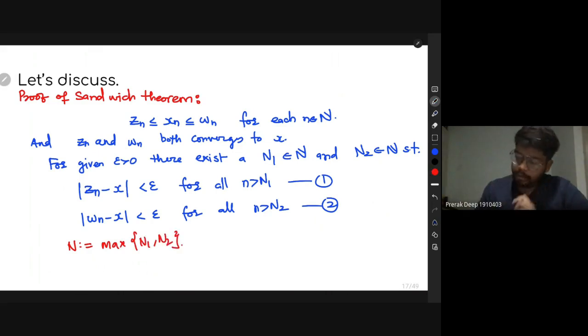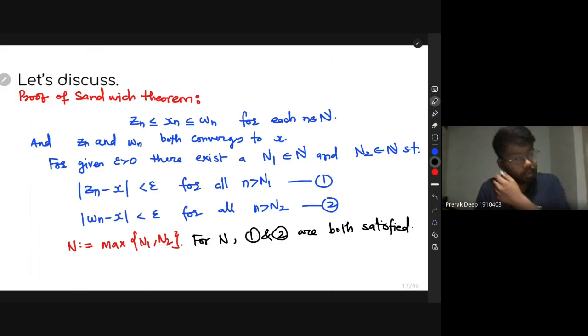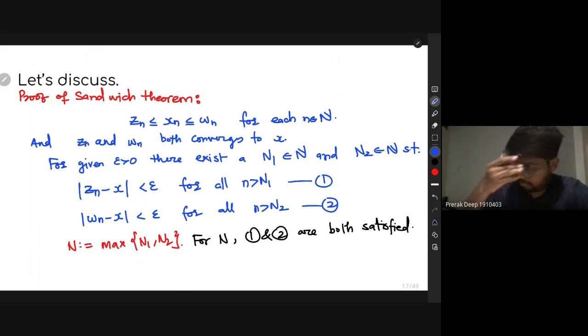Now for the maximum, both the first and second conditions are satisfied. So what do we need to do?